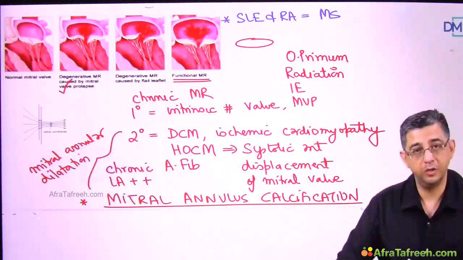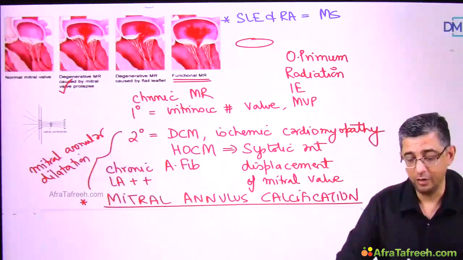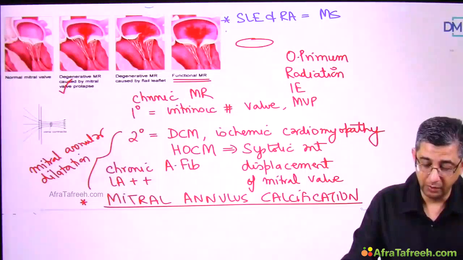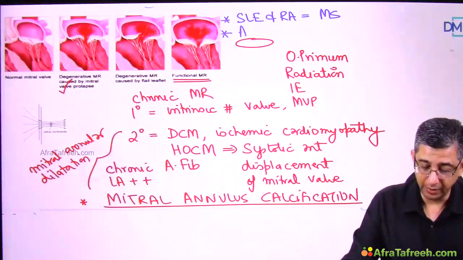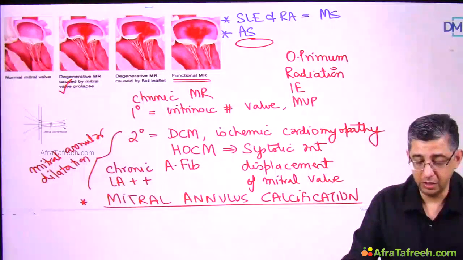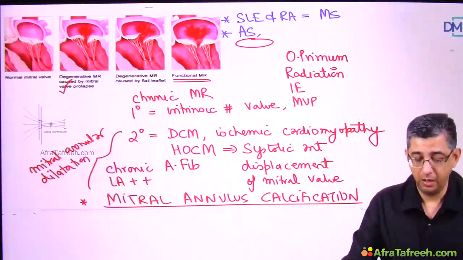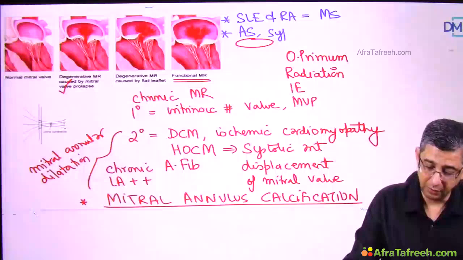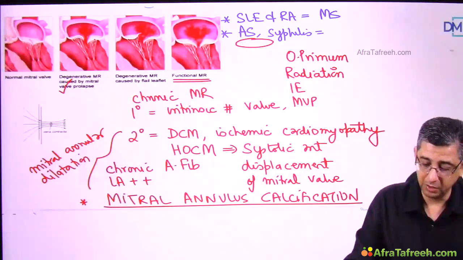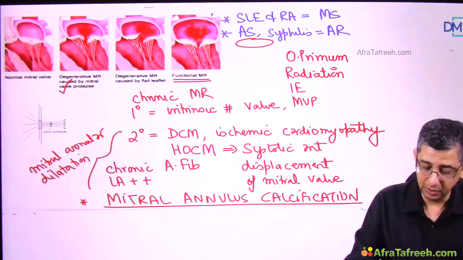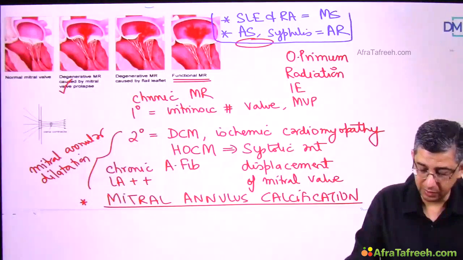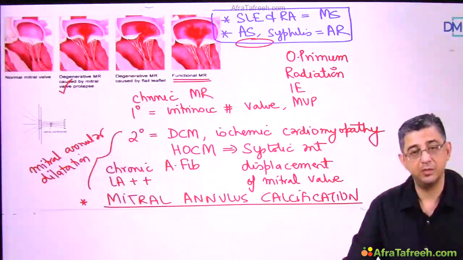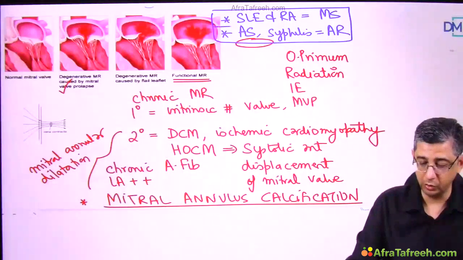Mitral stenosis, obviously rheumatic is one of the causes, but SLE and rheumatoid arthritis are to be remembered. Then ankylosing spondylitis, that is HLA-B27 positivity, and syphilis are associated with development of aortic regurgitation. Because these are relatively less studied facts, they have been asked in the exam and I want you to remember them. Let's quickly go through this.